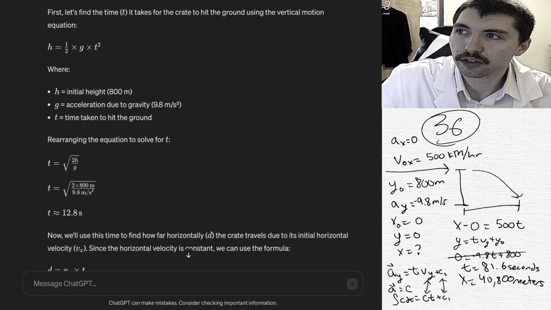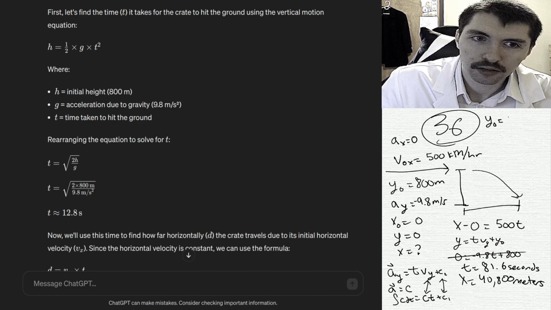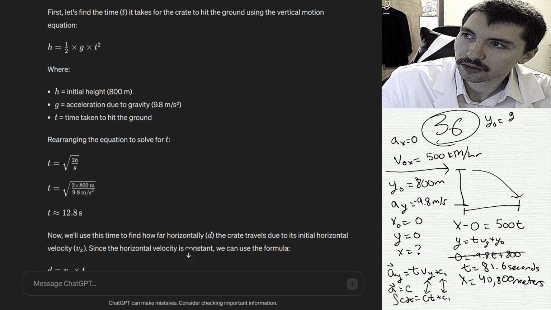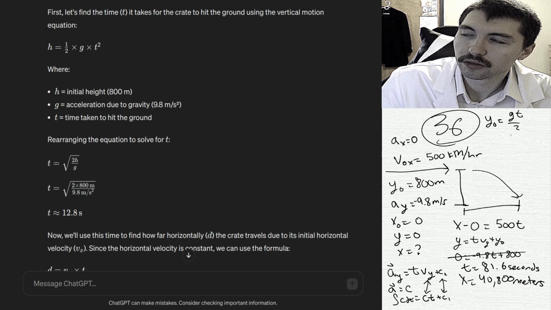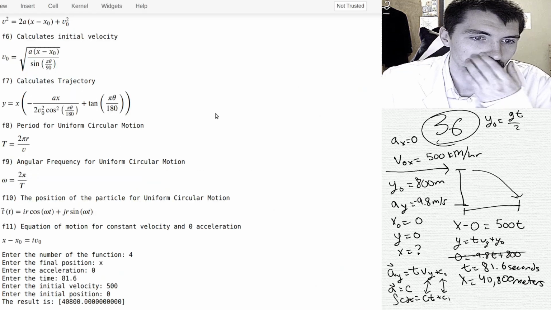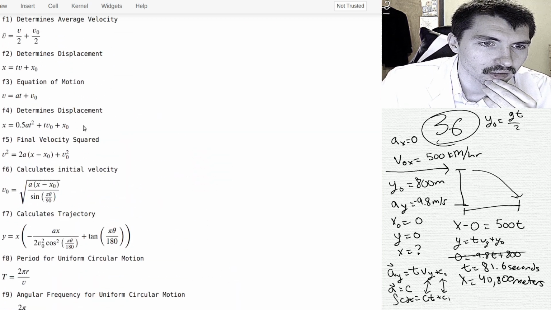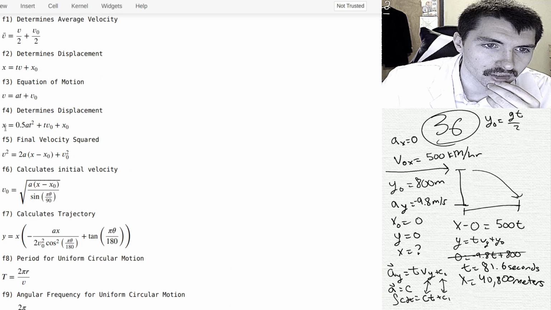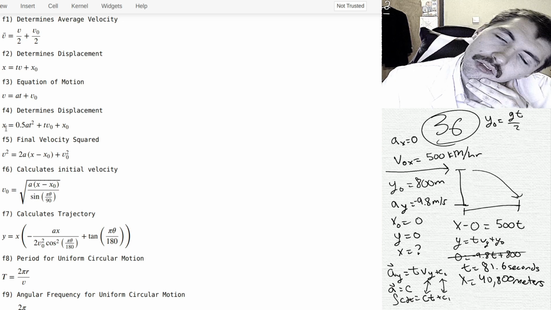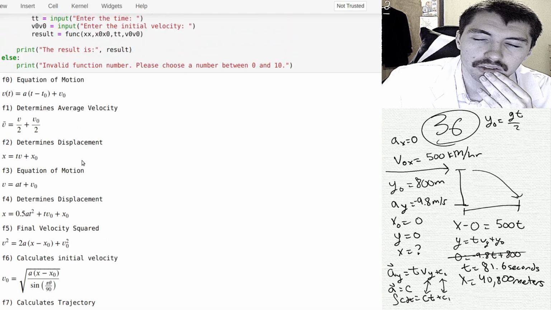Okay, so they're doing y naught is GT squared over 2. My equation has final X. So I think we need a new equation.